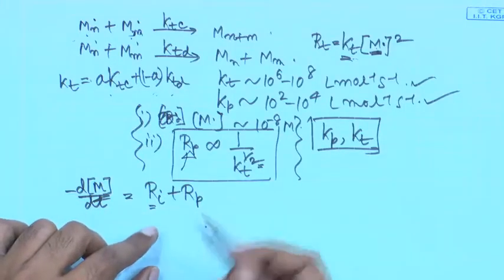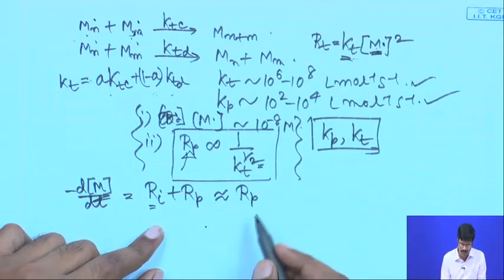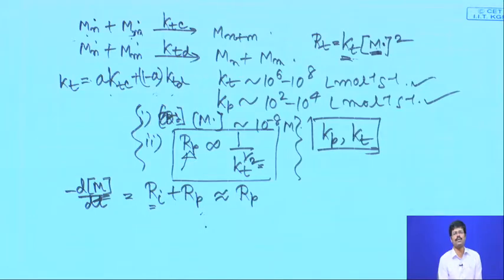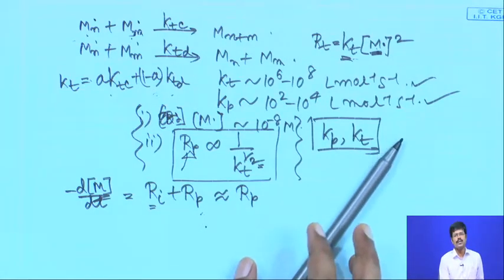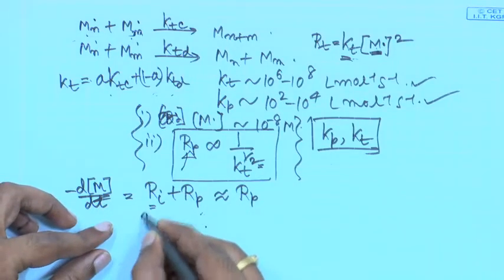So, that Ri encompasses both the reactions and Rp is the rate of propagation. Now, this can be approximated to be equal to Rp, because Rp, rate of propagation, is much higher than the rate of initiation, simply because the number of monomers that are involved in the rate of propagation is exceedingly large. Lots of monomers are involved if you compare with the rate of initiation. So, this is approximately equal to Rp. So, the rate is then Rp.